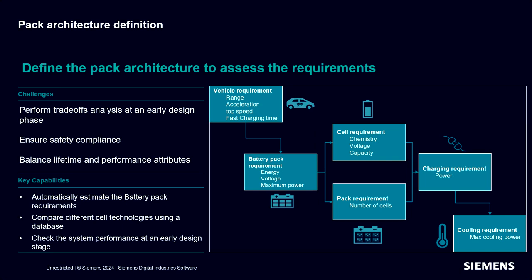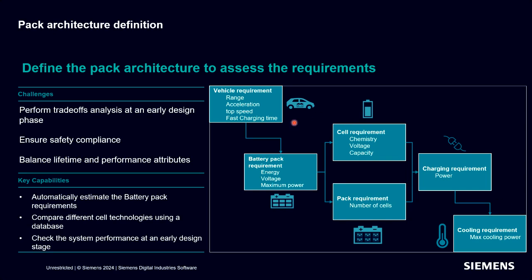Essentially, this is a more systems level study where we can input, in the context of an automotive vehicle, the vehicle requirements like range, acceleration for top speed, and fast charging time. We can then get an output of pack requirements, including energy, voltage, maximum power. You can then estimate the number of cells required and make sure that earlier design that I showed meets these requirements.